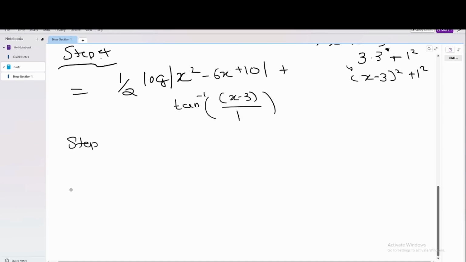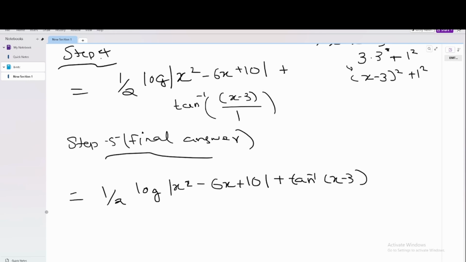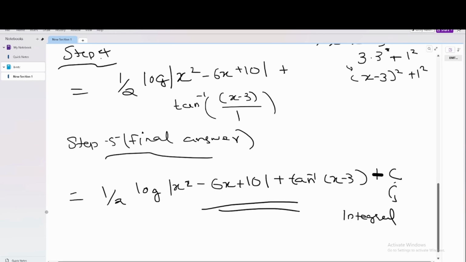Step 5, final answer: half log of x square minus 6x plus 10 plus tan inverse of x minus 3, plus c, where this is the final answer, where c is the integral constant.